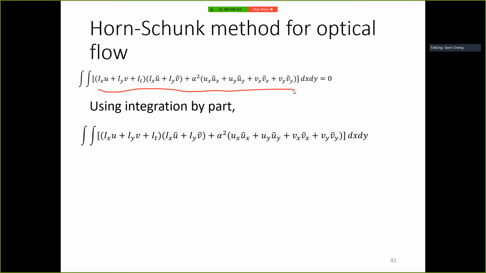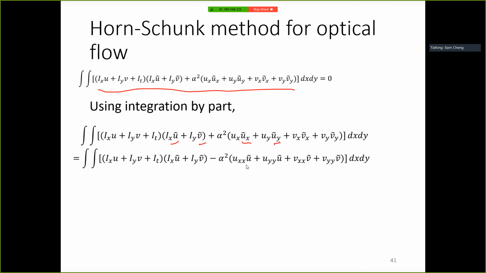Let's see. I want to have u tilde and v tilde. I have ux tilde and uy tilde and so on.